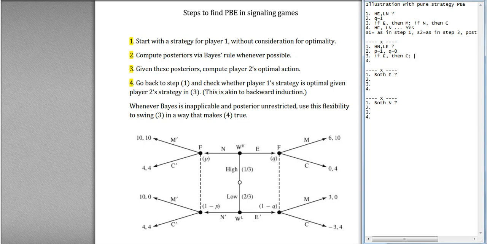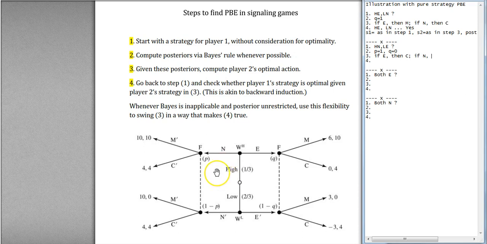On the other hand, we're talking now about if the person is not educated. So if the person is not educated, then the firm is going to think that for sure this is a high ability person, because only the high ability people get not educated.